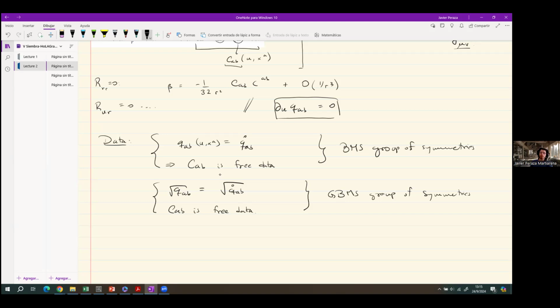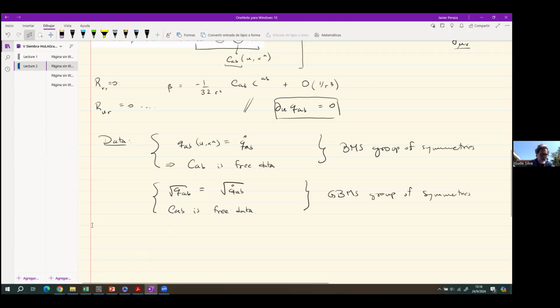Exactly. Just to have a naive intuition, the physical data is C_AB, the radiation coming out. But you have like a boundary, a corner data: which conformal family of the round metrics are you in?